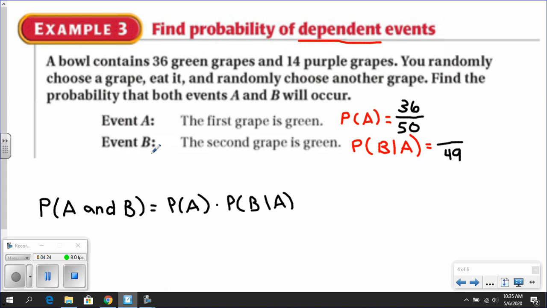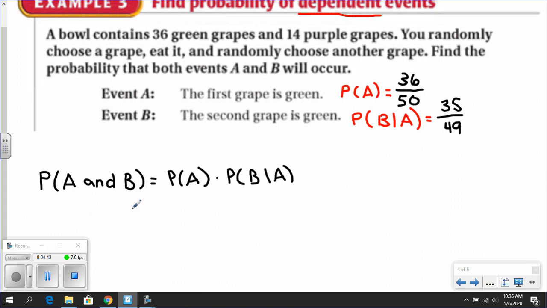And then it tells us here for event B, the second grape is also green. All right, well, if there were 36 green grapes, we ate one of them. That means that there's only 35 green grapes left. So now with this new probability, I'm going to multiply these two fractions together. So 36 divided by 50 times the probability of event B occurring, knowing A has already occurred.